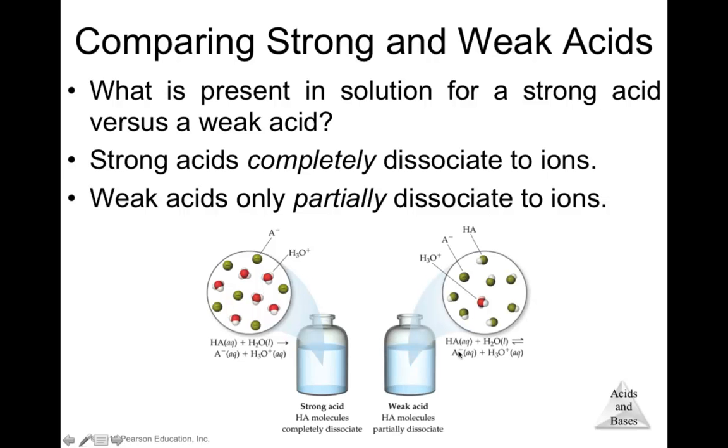In the weak acid, the acid is HA, so you're going to have some HA molecules and a few H3O. The difference is that you're going to have all four species here, including a molecule of water somewhere, and here you're going to have just the products. When you have a strong acid, it's completely dissociated. When you have a weak acid, it's partially dissociated.